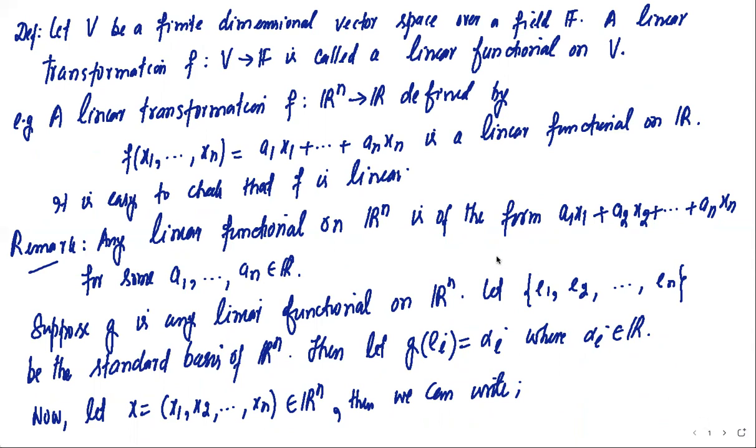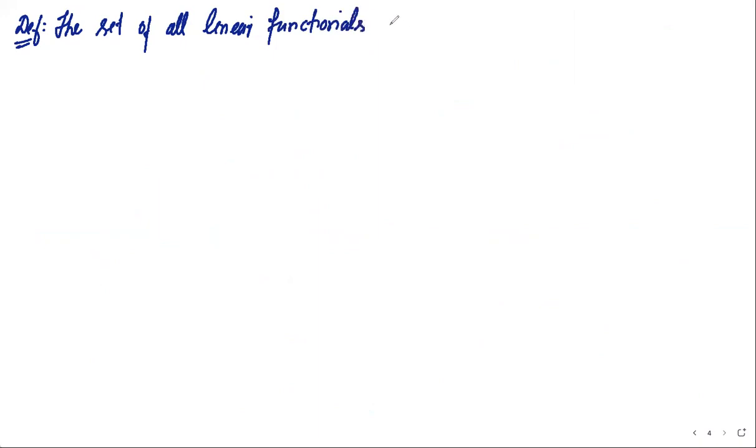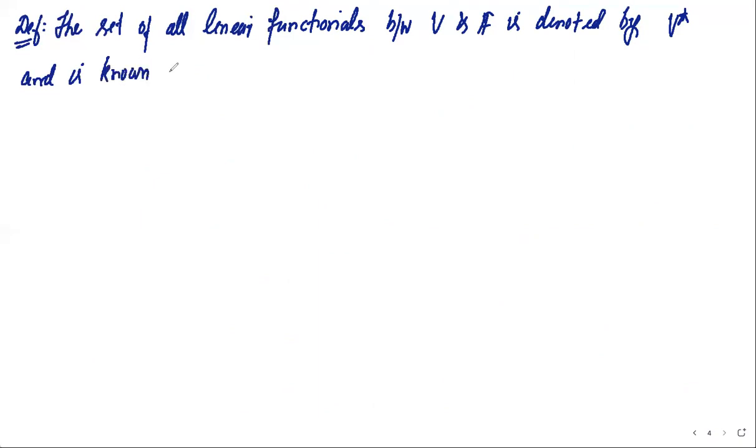Now a definition: the set of all linear functionals between V and F is denoted by V star and is known as the dual of V.